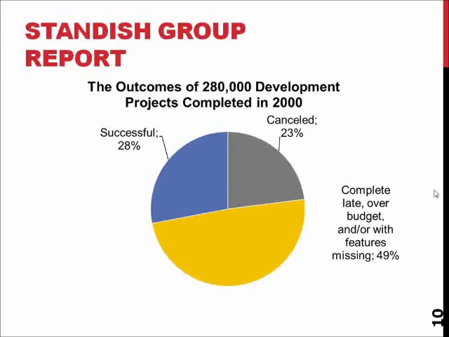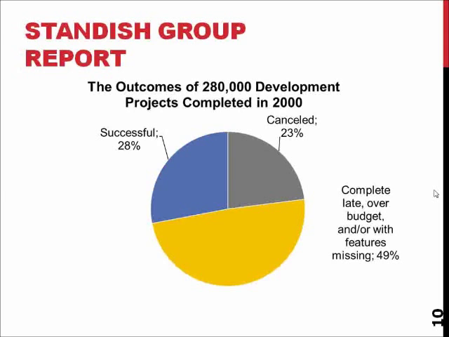Finally, this is the last slide on this presentation. This is the Standish Group report on project outcomes. It's from the year 2000, but it's still something that holds true today. The numbers haven't changed that much. It's alarming, actually. The successful projects are only 1/4 of all the software projects ever started.